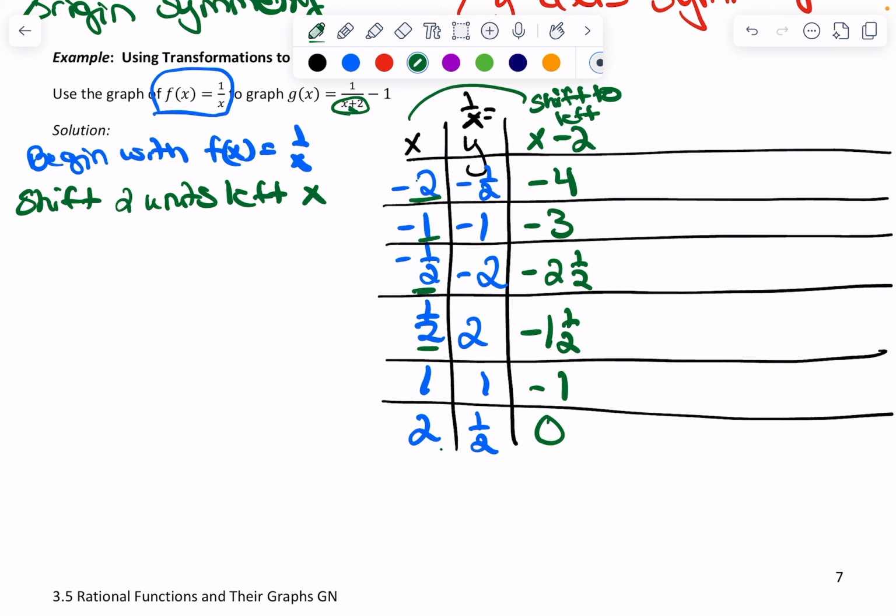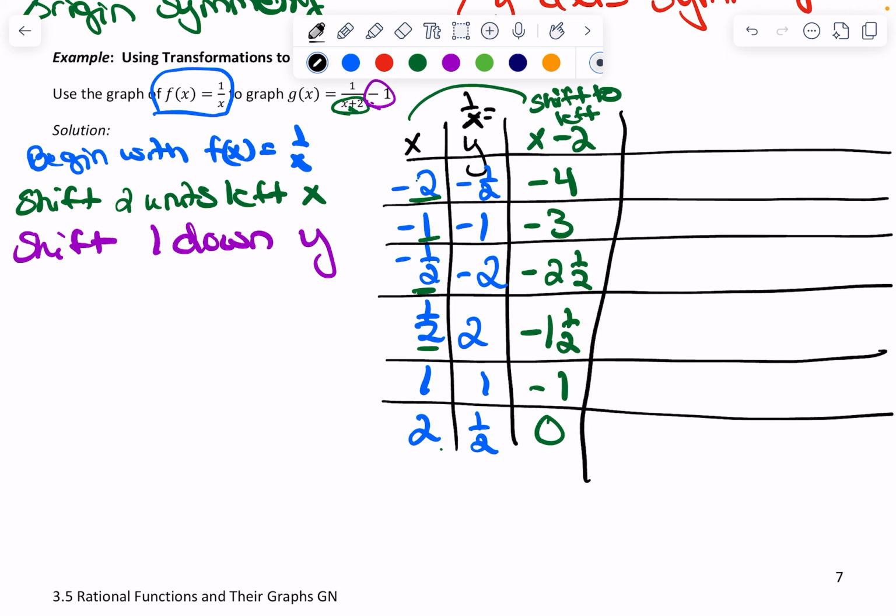Okay, so we shifted it first, and then we're going to go ahead and shift 1 down, and this is to the y. So shift down, we're doing y minus 1.